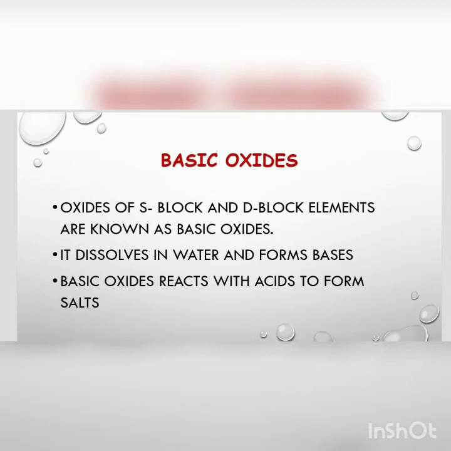What are the alkali metals or first A group metals? They are lithium, sodium, potassium, rubidium, cesium and francium. And second A group elements are beryllium, magnesium, calcium, strontium, barium and radium.